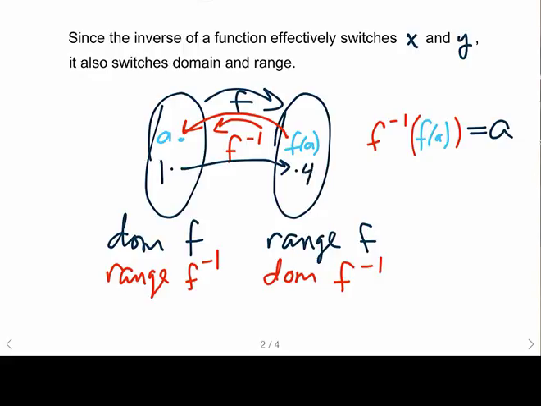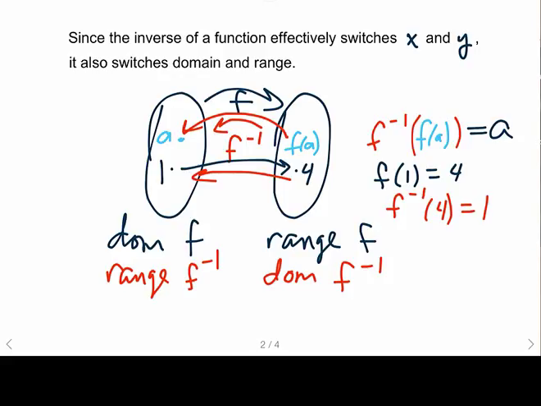I know it was called g, but just bear with me here. So in this language, we would say that f of 1 is equal to 4. Then as far as the inverse is concerned, f inverse of 4 is equal to 1, undoing what the function does, switching x's and y's.